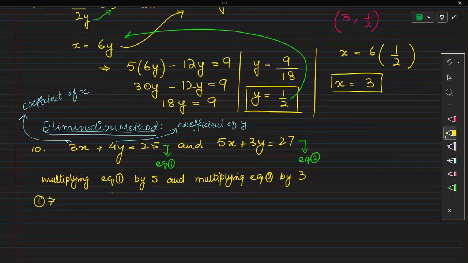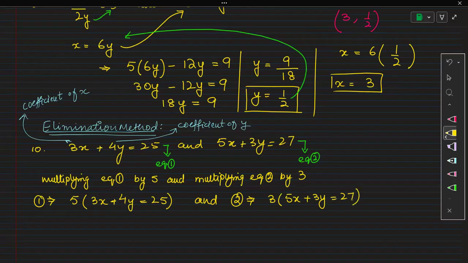Equation one will be 5 times (3x plus 4y) equals 25. And equation 2: 3 times (5x plus 3y) equals 27.